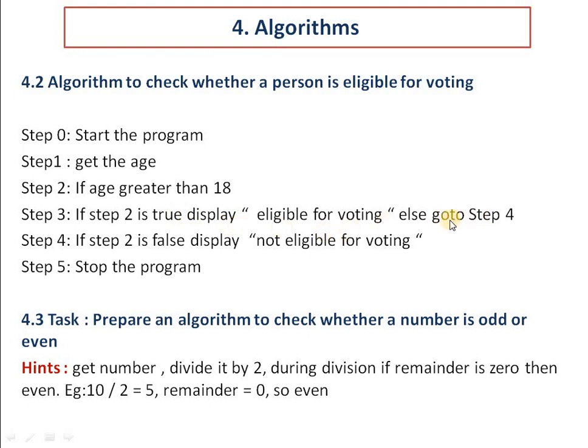Else, if it is not true, go to step 4. If step 2 is false, display not eligible for voting. Step 5, stop the program. So this is the algorithm for checking whether a person is eligible for voting or not. And I am putting the tasks to you. I will be helping you. I will be giving you sufficient hints to solve.